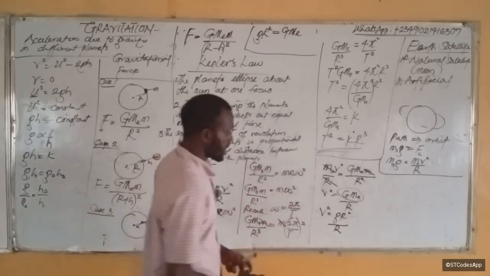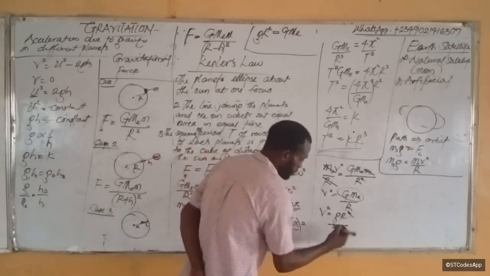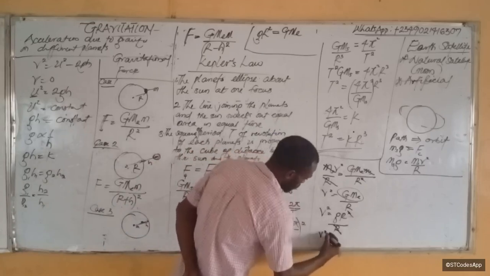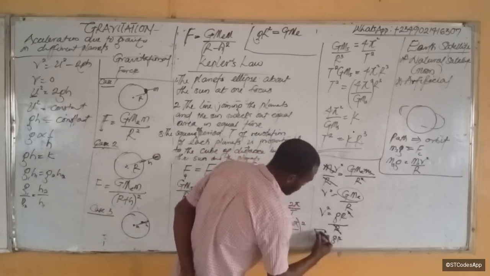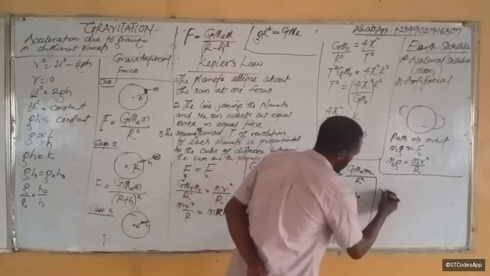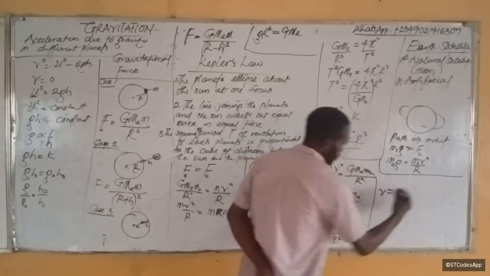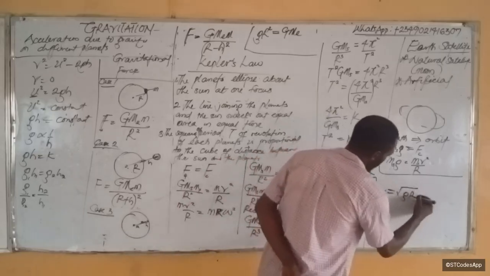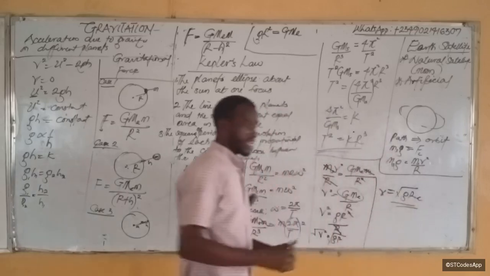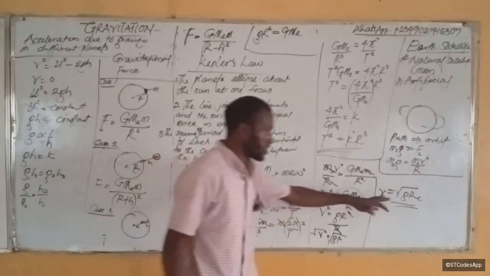Is that okay? Now, this will take care of one of these because it will be the same radius. So v squared will equal g r. So v will be equal to the square root of g r, where r is the radius of the Earth. Is that okay?